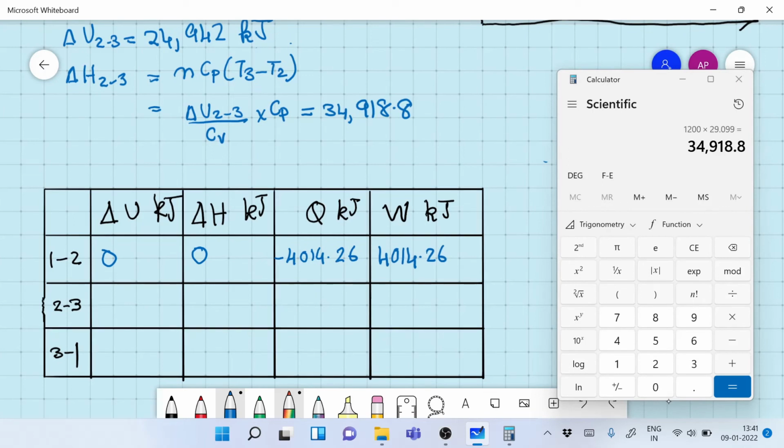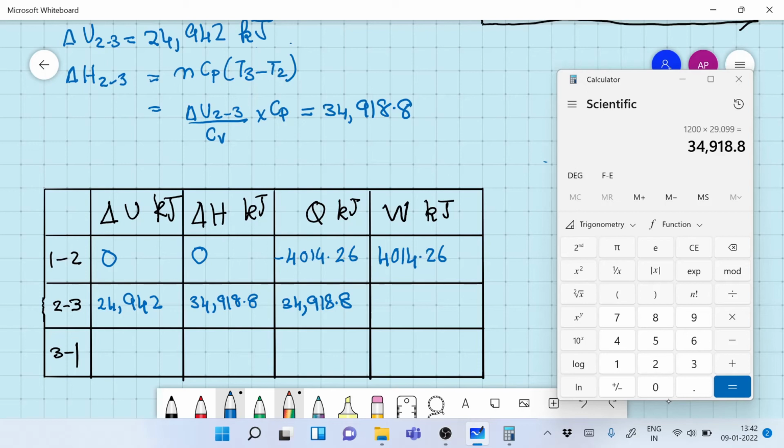So we note down these values: 24,942 and 34,918.8. Now, since it's a constant pressure process, the change in enthalpy will be equal to the heat given. So the heat given is 34,918.8. This is the heat given to the fluid.